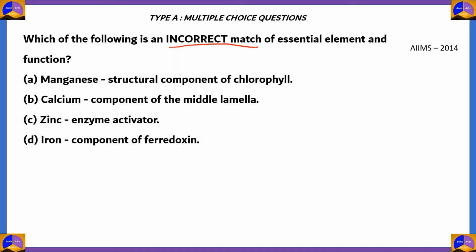Iron is given as component of ferredoxin. Anything that starts with ferra means that it has the component Fe, which is the symbol of iron. So ferredoxin must have iron as one of its components. So option D is true, which makes it incorrect. Now, zinc is an enzyme activator.